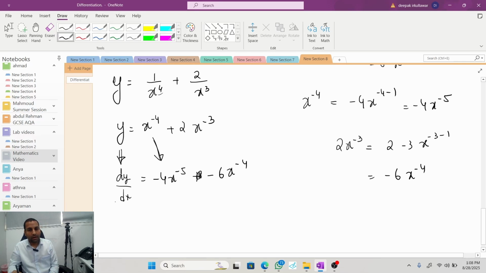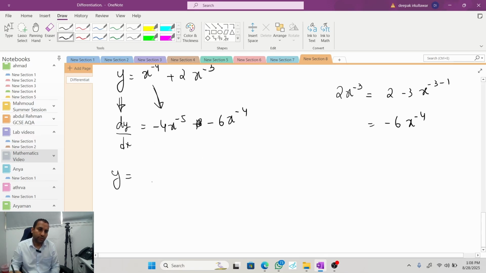Now I hope you understood this, and sometimes they can frame any number of varieties. It is up to you. So suppose they ask you to differentiate y equals (2x plus 3) whole square. Before you solve this, you need to expand. That is the easiest way.